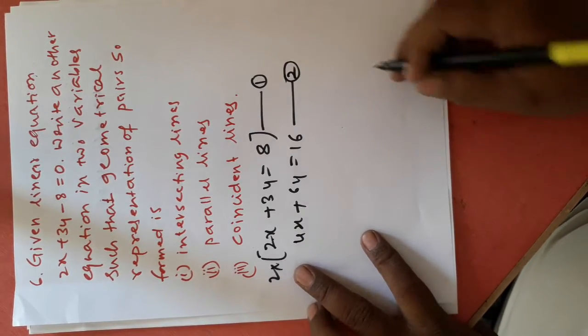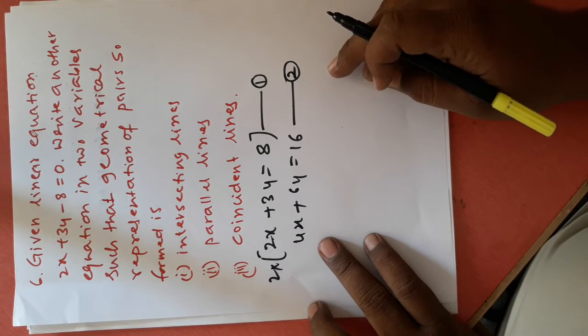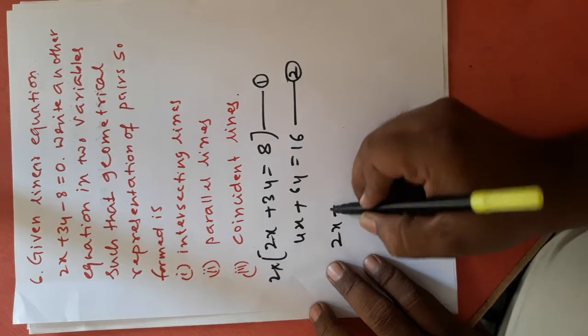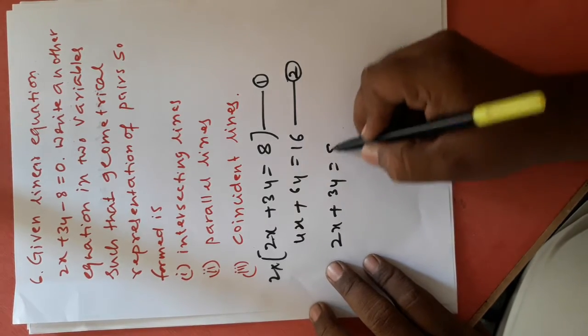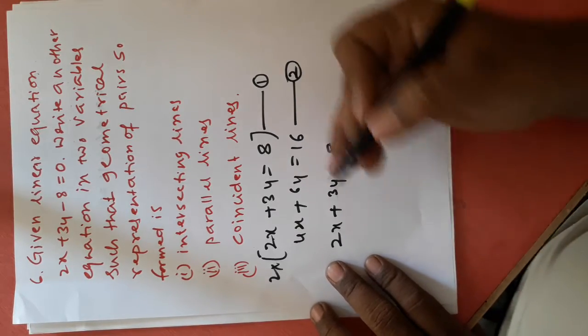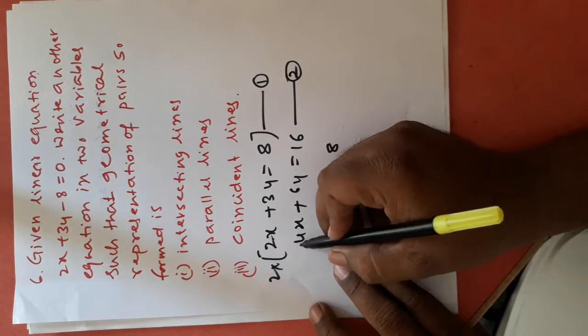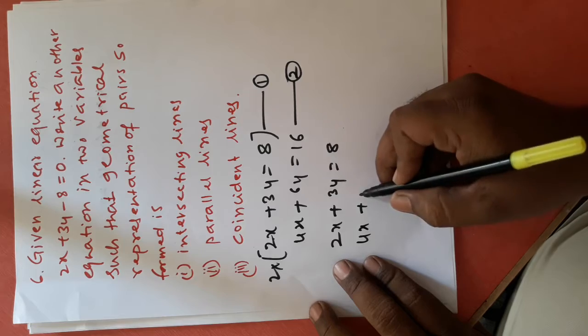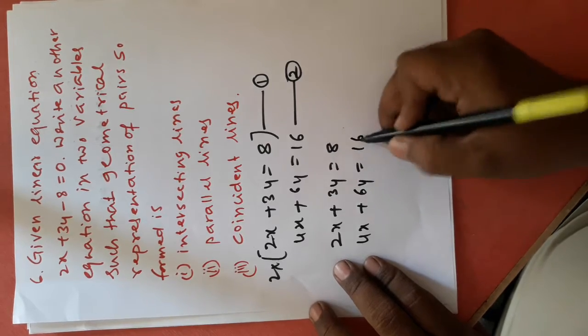I have written another line here. My original line is 2x plus 3y is equal to 8. I have written another line by multiplying this by 2. I got 4x plus 6y is equal to 16.